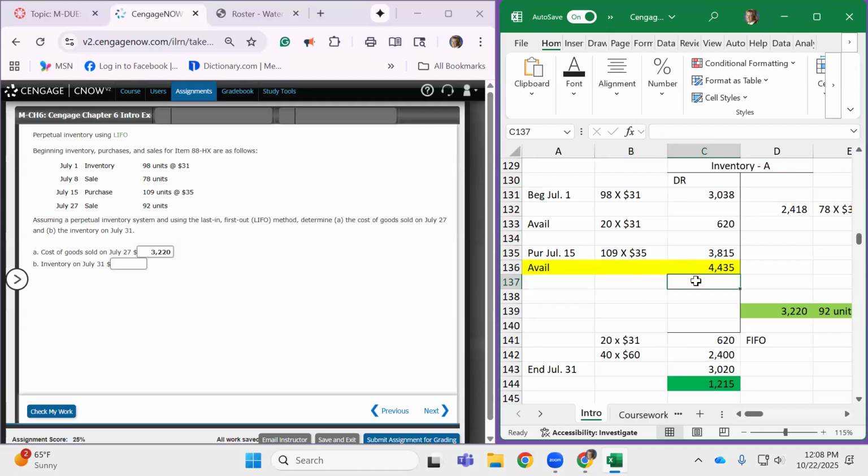Okay, so here's the remainder down here. There's 20 left at the $31 cost, and then there are 17 remaining of the $35 cost.